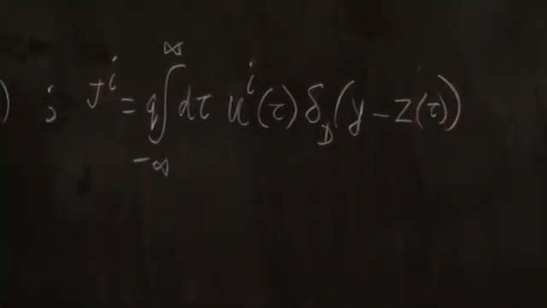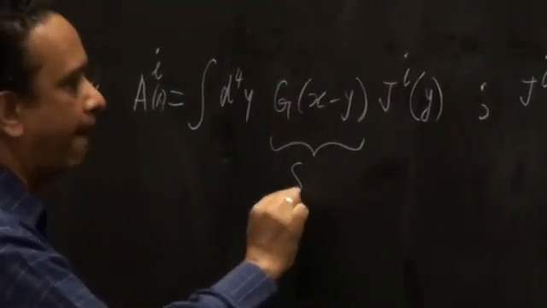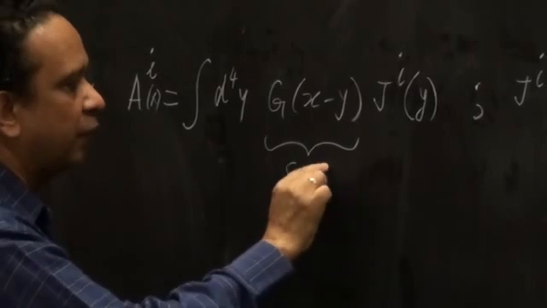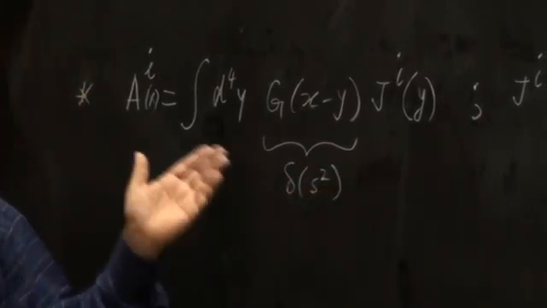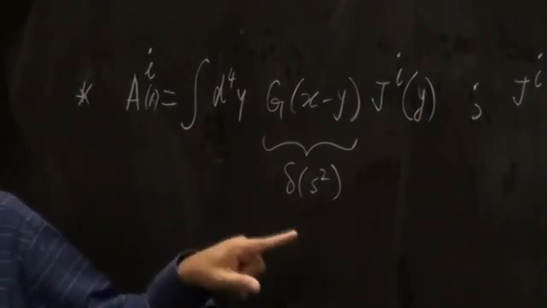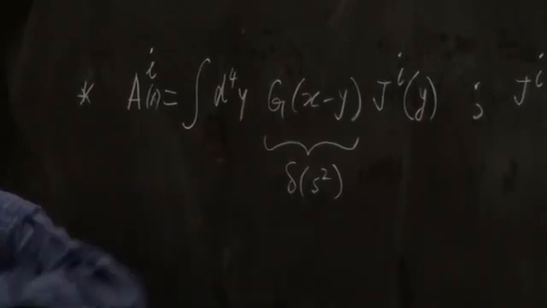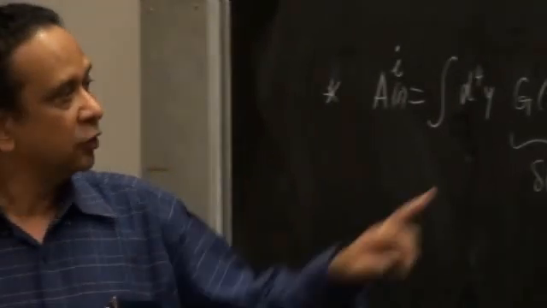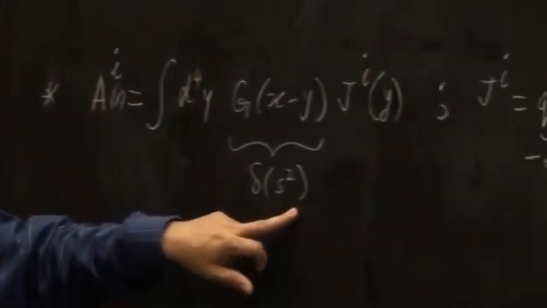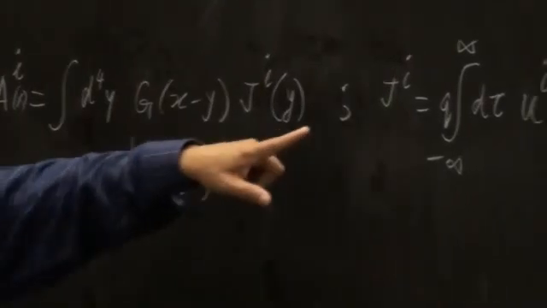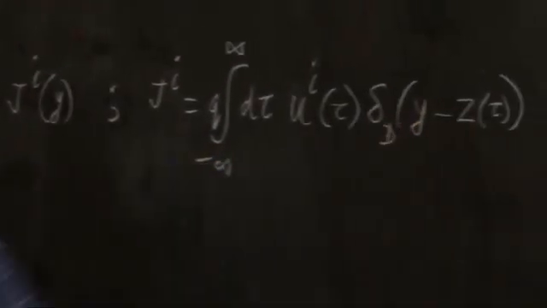Okay? And we also know that this g is essentially going to be delta of s square, where s square is the proper interval between these two, with the factors which I have ignored, and an understanding that out of the two roots you choose the retarded solution. So if you plug this into that, the integral is trivial because you have a delta function integration over that y, because this is y of this z.